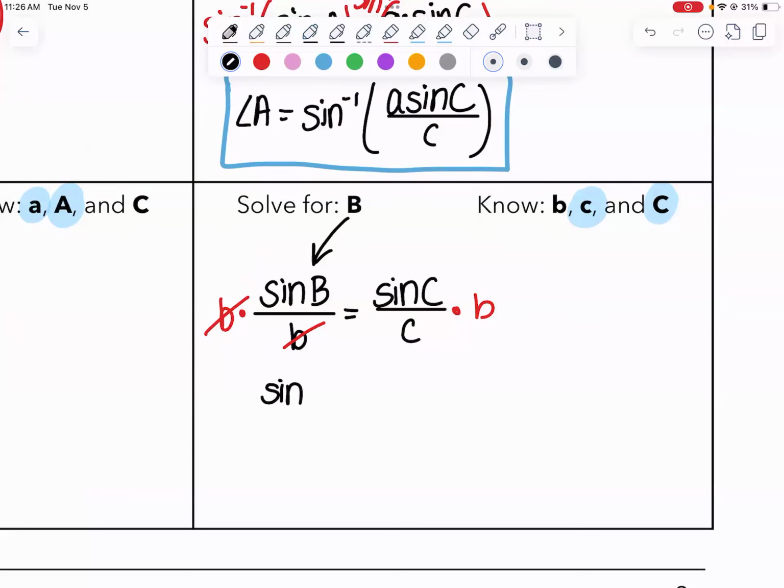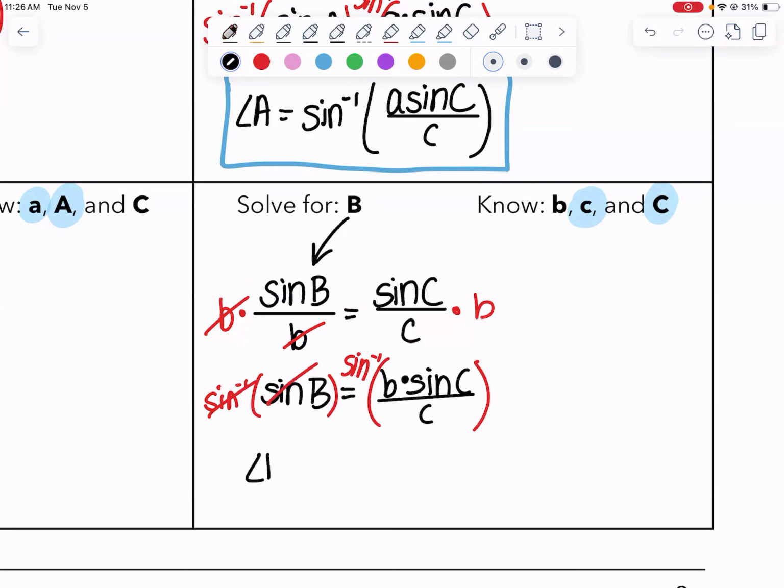You get sine of angle B is equal to B times sine angle C divided by C. To get angle B by itself, sine inverse on both sides. Boom, boom. Angle B is equal to sine inverse of B sine C divided by C.